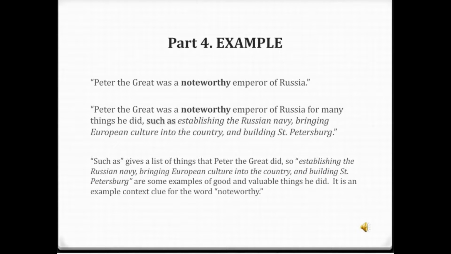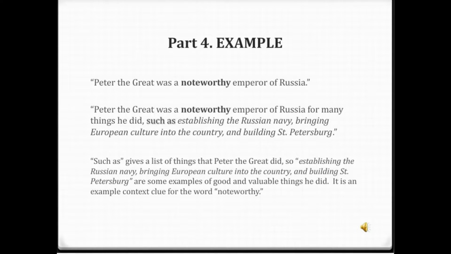The fourth context clue is examples. Let's read the sentence. Peter the Great was a noteworthy emperor of Russia. What do you think noteworthy means? It's hard to say because we do not have context clues. Was he a bad emperor or was he a good emperor? Let's read the second sentence.